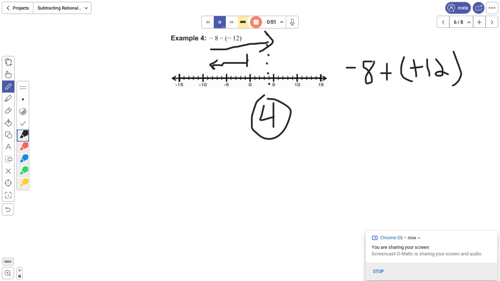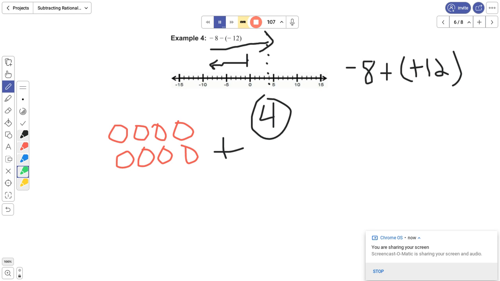Let's try this using positive and negative chips. So it looks like I need to have 8 negative chips. And I'm going to add 12 positive chips.